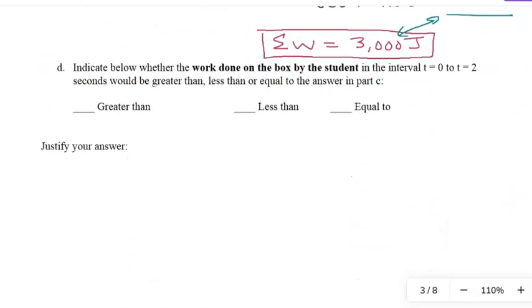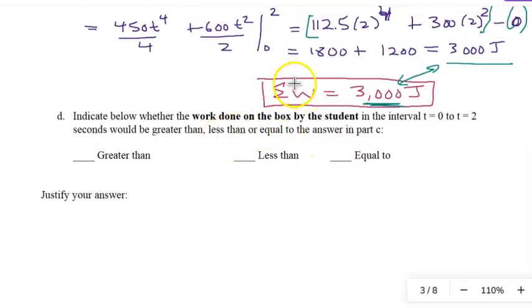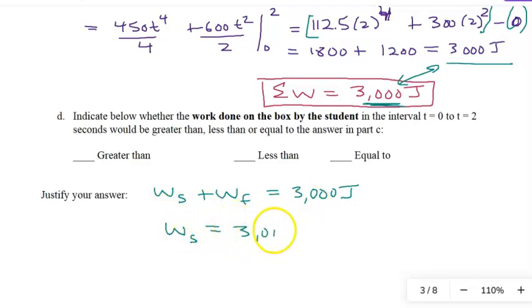Okay, and then we're going to do a logic question. Indicate below whether the work done on the box by the student is greater than or less than 3,000 joules. Okay, so again, this was the net work done. So this is the work done by the student plus the work done by friction, and that together was 3,000 joules. We want the work done by the student, so that's going to be 3,000 joules minus the work done by friction.